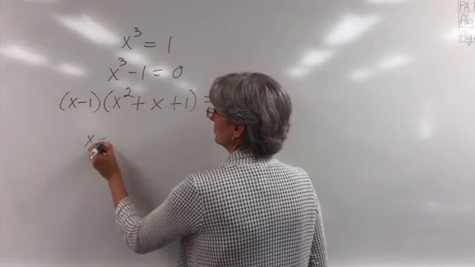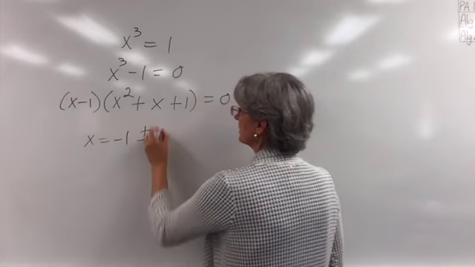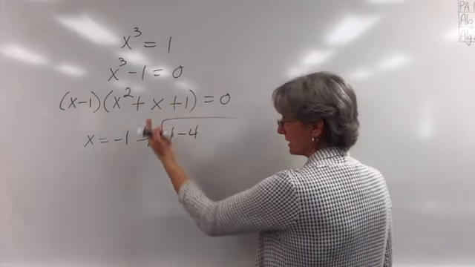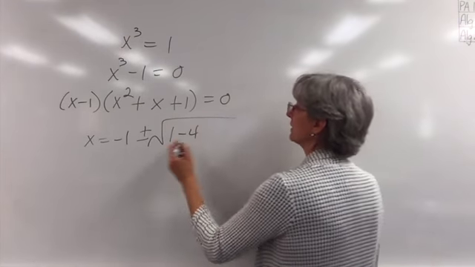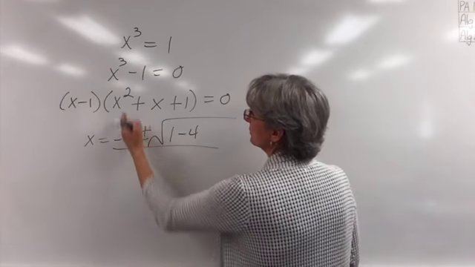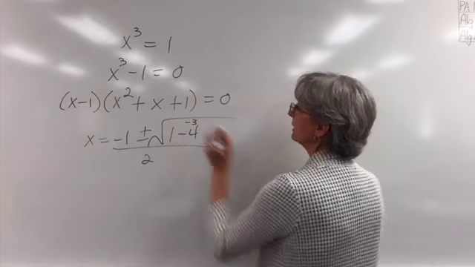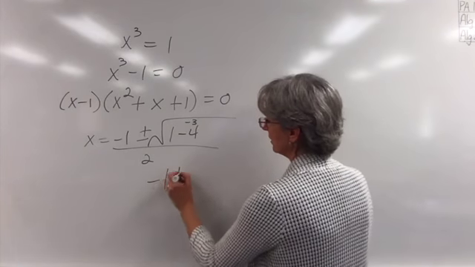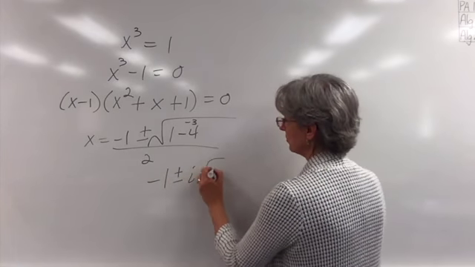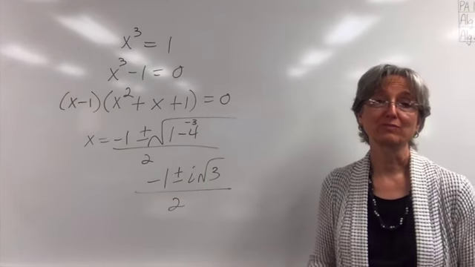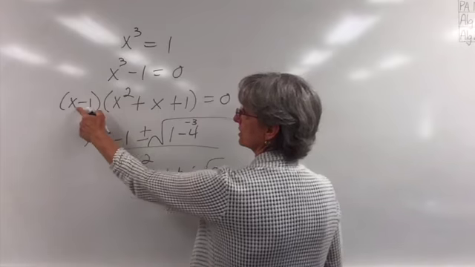So x equals negative b plus or minus the square root of b squared minus 4 times a times c times 1 all over 2a, or 2. So this is negative 3. So what we have is negative 1 plus or minus i square root of 3 over 2, and those are two of your solutions. And the other solution is here.